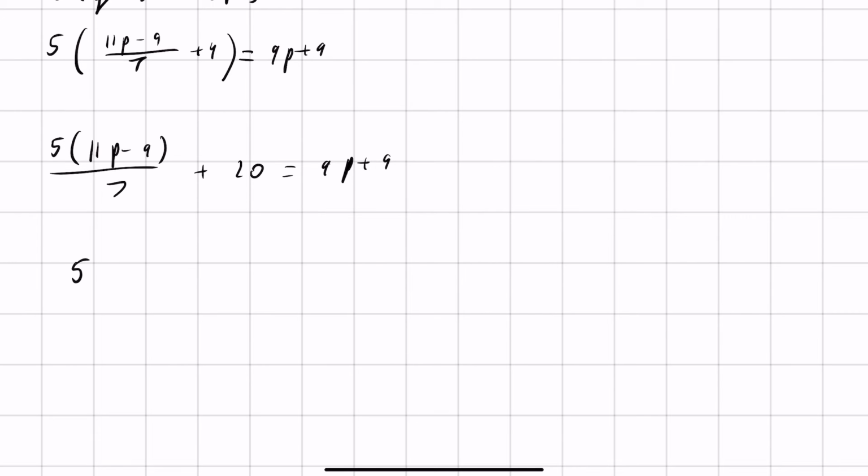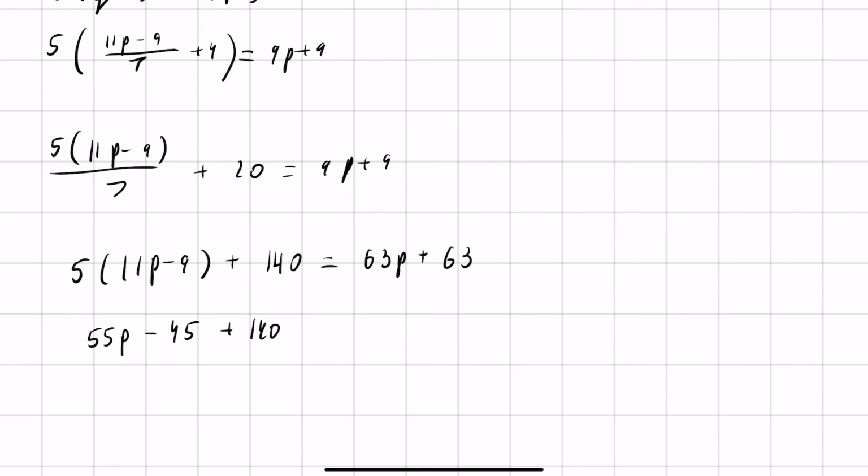So we get 5 times (11p minus 9) plus 20 times 7, 140. 9p times 7, well, that's just 63p, and 9 times 7 is again 63. And expanding the first bracket, we get 5 times 11p, that's 55p, minus 5 times 9, which is 45, plus 140 is equals to 63p plus 63.